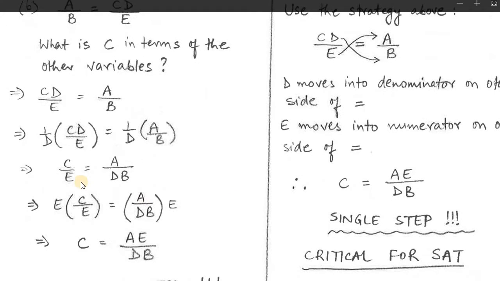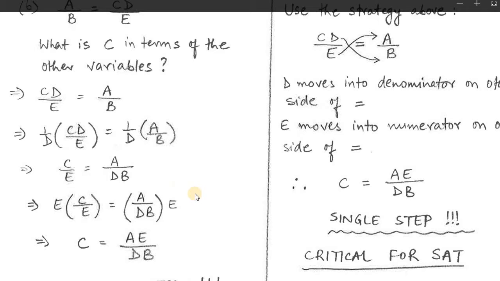And then we want to get rid of e. So since e is in the denominator, we multiply this by e, multiply this by e. This is what we get, right? So from here, we cross off the e's. We are left with c equals a times e over d b.